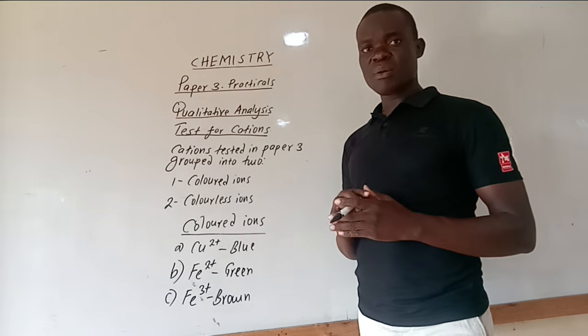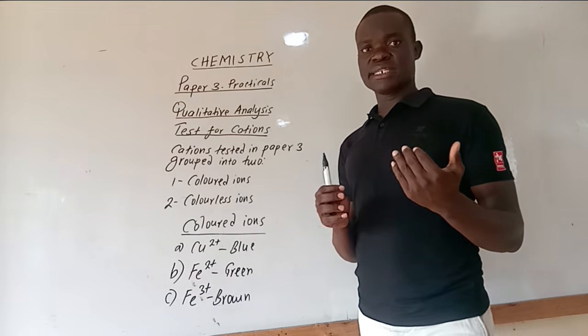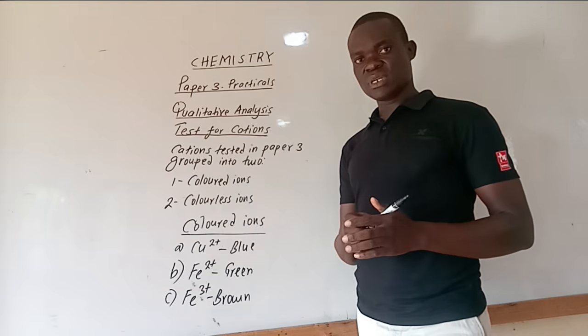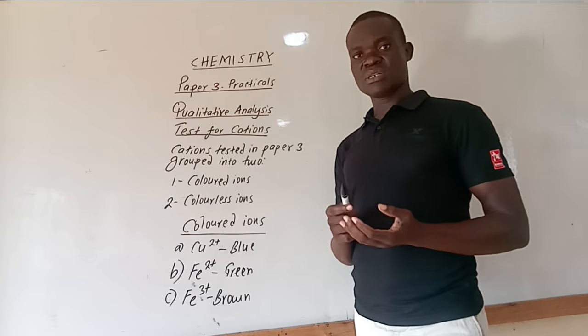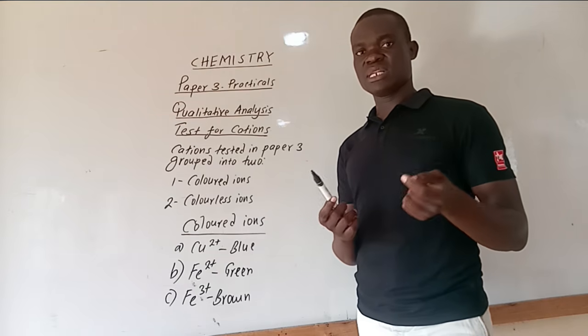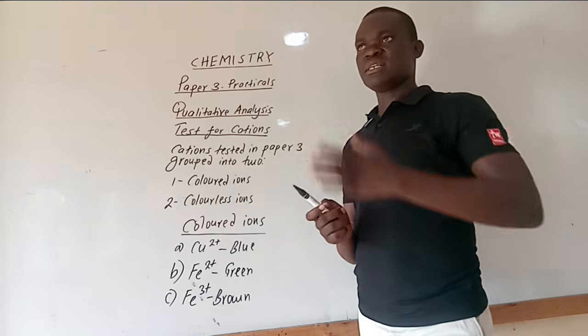That is how we always do the test on solubility when we are given a certain solid. When you are asked to dissolve a certain solid, what follows is observation and inference.